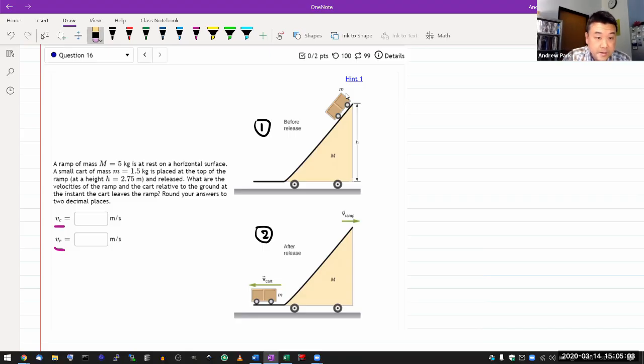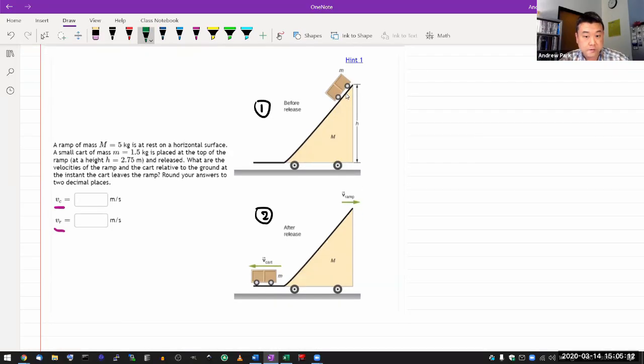Looking at the situation, it's clear enough that energy is conserved, that there is no non-conservative force doing work on the system. Now, there's this tiny matter of the normal force, which is apparently doing work on the ramp and the cart, because that's the only way the ramp would move.